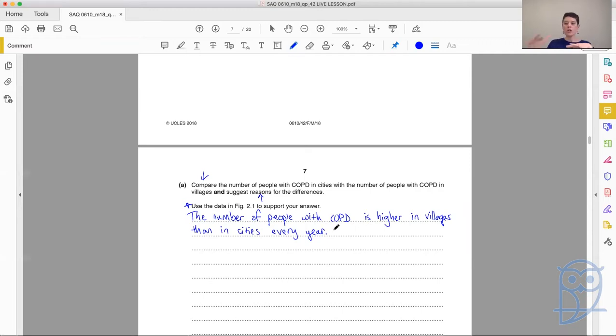So what's nice is to tie it together, okay? Why would that be? Why would people in a village have a higher incidence of chronic obstructive pulmonary diseases than people in cities?